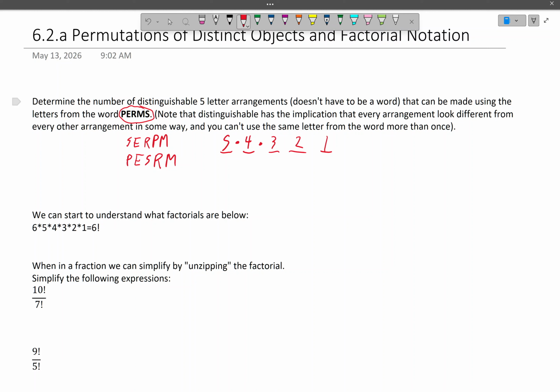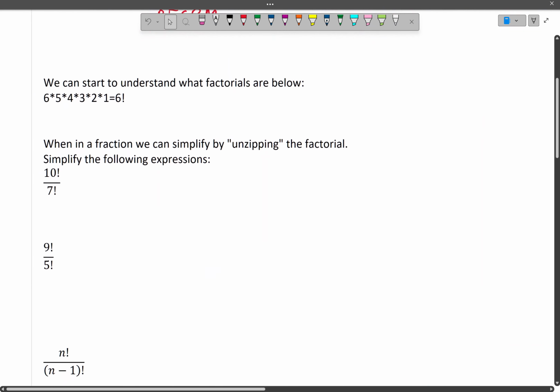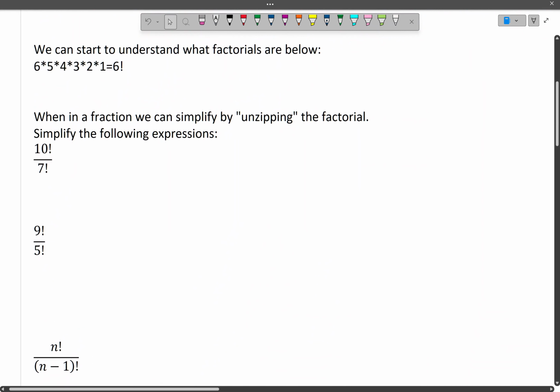When you go 5 times 4 times 3 times 2 times 1, we have a special notation for this. This is called factorial notation. It's the exclamation mark, so we say this is 5 factorial. This is helpful because it allows us to simplify things and do questions a little faster.